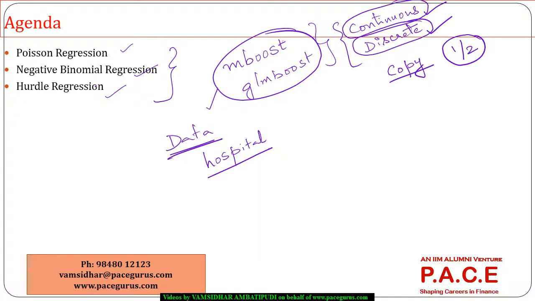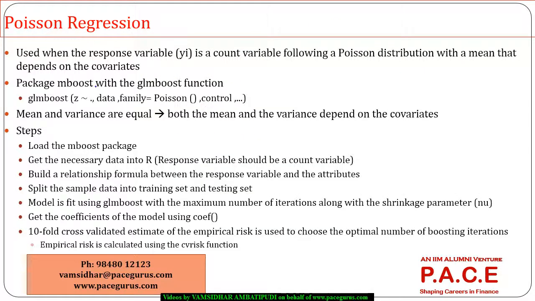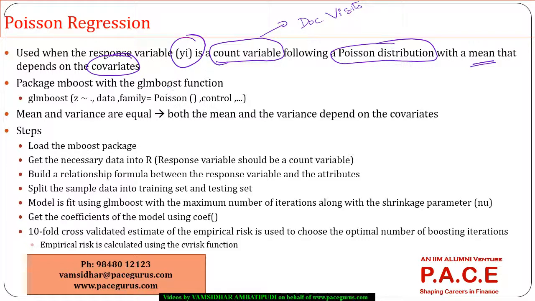So let me go back to the slide and try understanding how we can use the Poisson regression, typically used when the response variable is a count variable. Here the response variable is the number of doctor visits. I am expecting that this count variable follows a Poisson distribution with a mean, and the mean value of that Poisson distribution depends purely on the covariates.